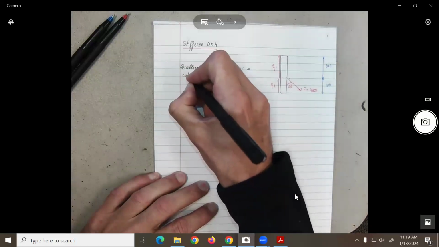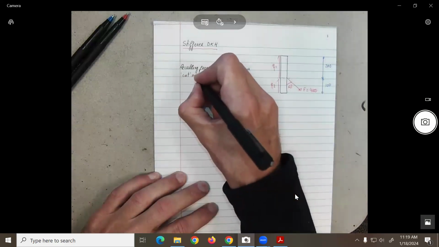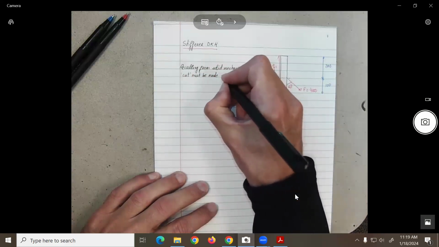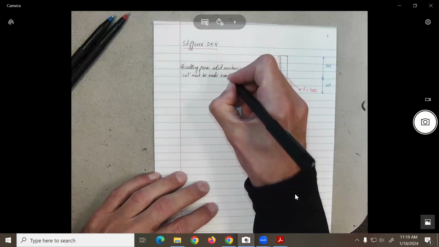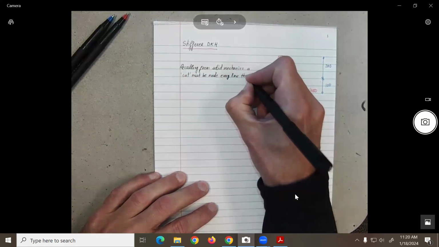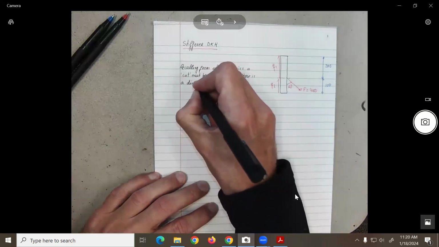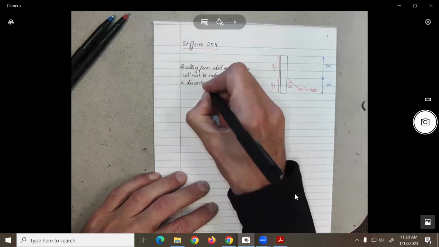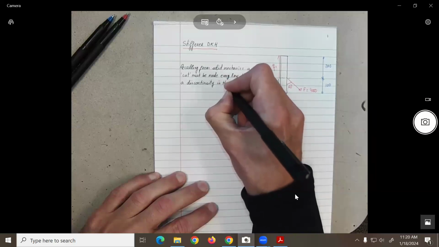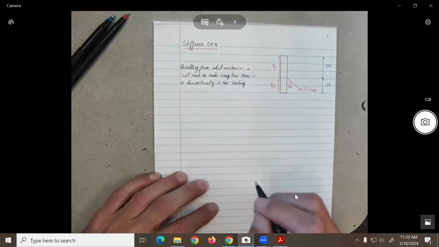A cut must be made every time there is a discontinuity in the loading.